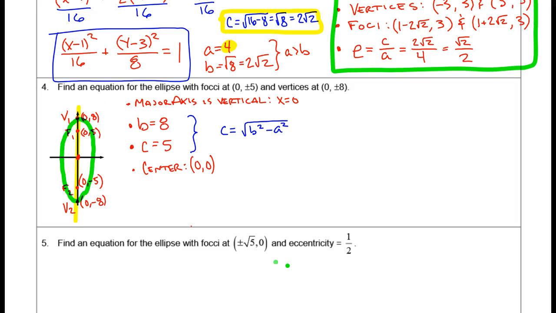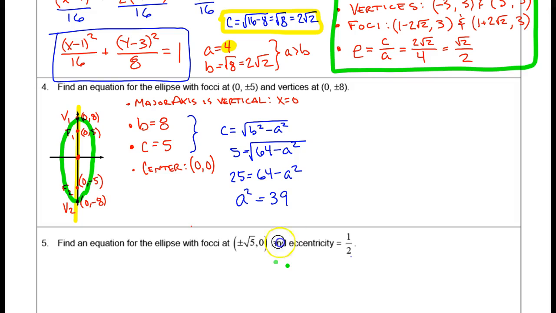So let's plug in what we know. We know c is 5, and then we know b is 8. So 8 squared is 64. We're going to subtract a squared there. When I square both sides, I'm going to get 25 equals 64 minus a squared. I'm going to move some things around, do some algebra, and find out that a squared equals 39.